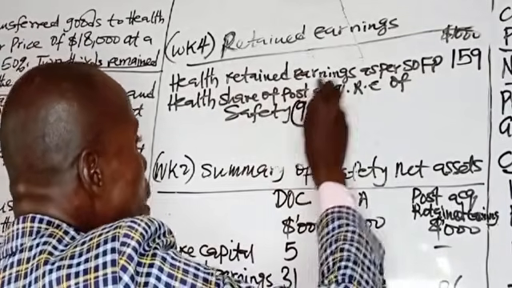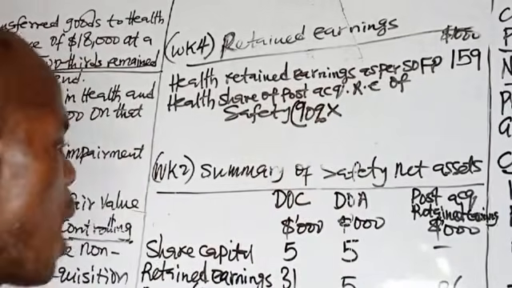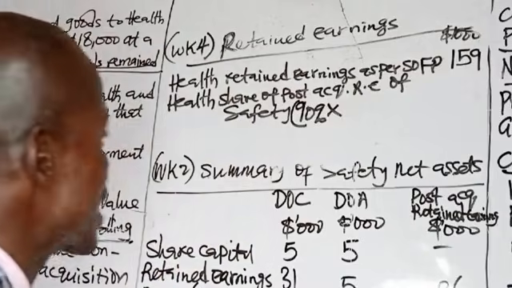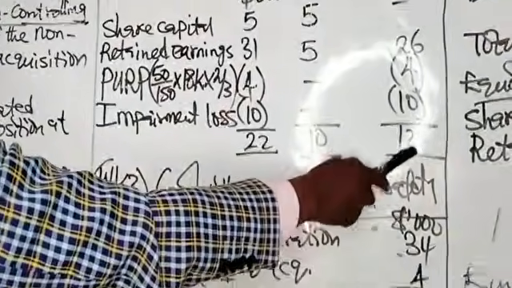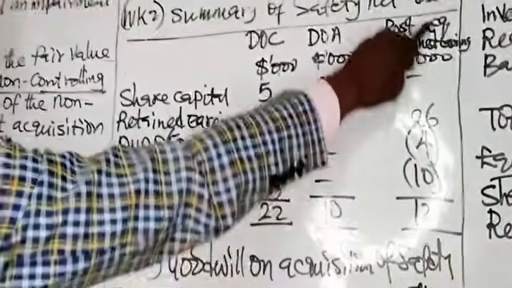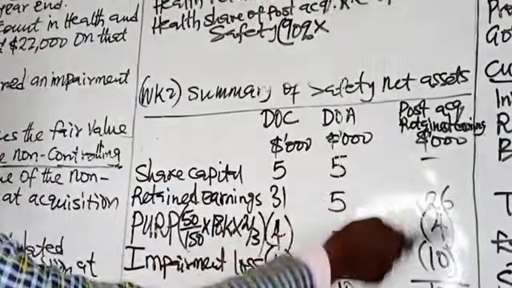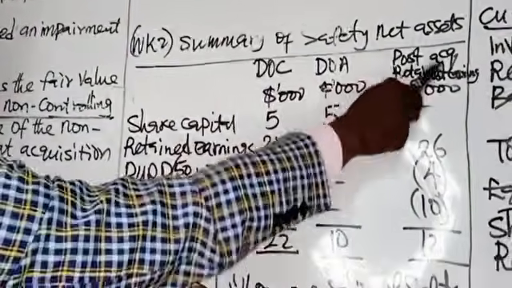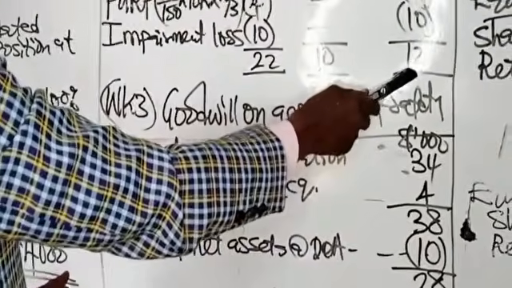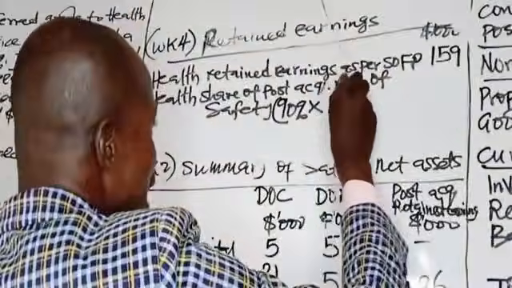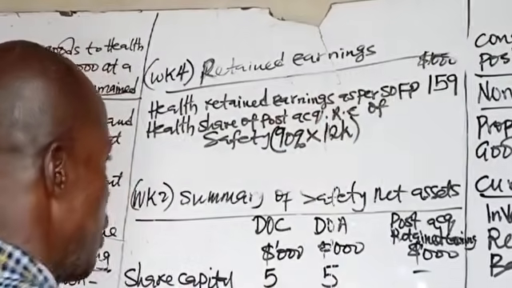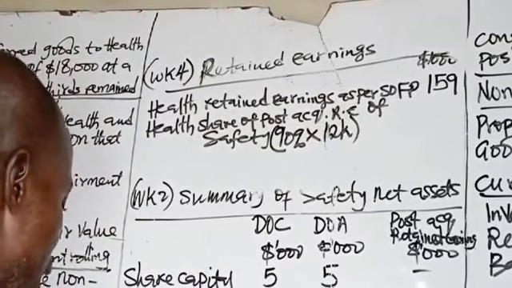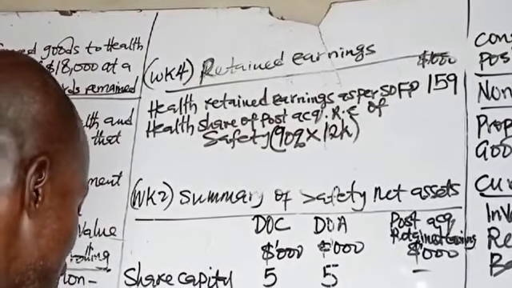So you have 90% of the adjusted post-acquisition retained earnings of Safety under the post-acquisition retained earnings column. In the summary of Safety net assets, you have 12 there. So you have 90% of 12,000.